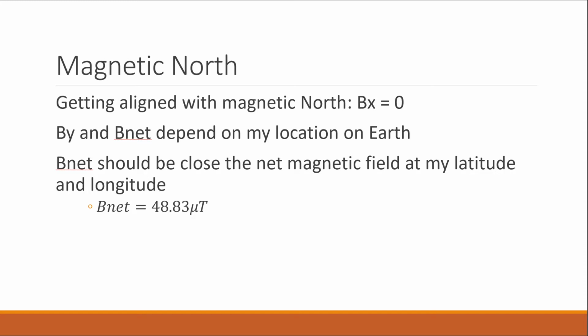Once you do that, you'll be able to get the BNet value, and you can tell that it's as close to 0 if your BNet is close to the magnetic field at your location. So my latitude and longitude gave me a net value of 48.83 microteslas, and that is what my BNet was close to. So I knew that my BX was as close to 0 as possible.